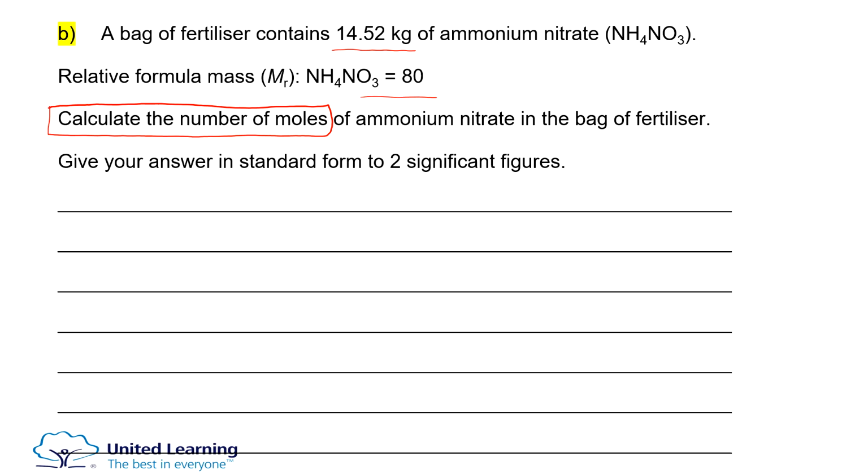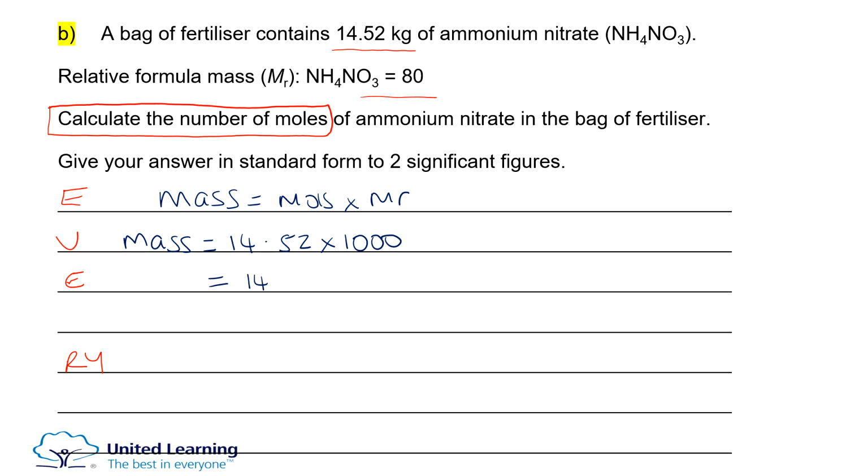Whenever you're doing a question like this, always use the EVERY method, which we have taught you to use throughout Key Stage 4. So first off, start by writing in the equation: mass equals moles times Mr. The value of our mass is 14.52 multiplied by 1,000 to convert it to grams, so that becomes 14,520 grams.